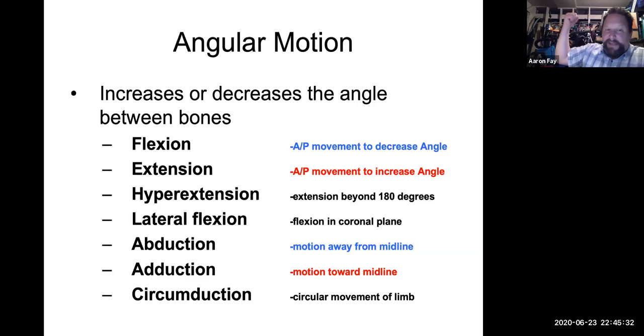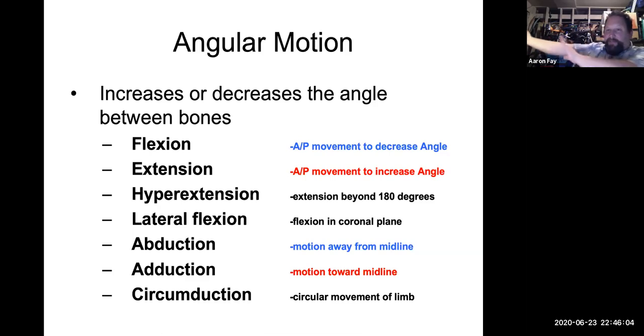That would be an example of flexion, here at the elbow. I've decreased from 180 degrees down to 90 degrees. The opposite of that, to increase the angle, would be extension. So start, stop, flexion; start, stop, extension.